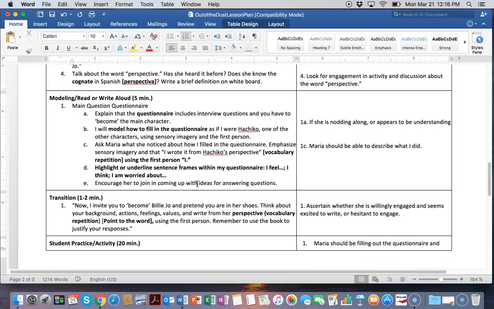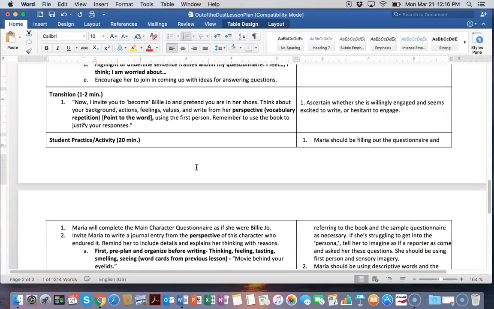In the modeling component, the tutor uses a main character questionnaire, which is actually an odd phrasing for this, but it's basically a graphic organizer that takes the form of a questionnaire. And she uses that to help the student step into using first person and speaking from the character's perspective, as well as interpreting what the character whose perspective she's going to be writing from would think or say. And so she models how to fill this in as if she were a different character from the novel than the one that the student will have to delve into.